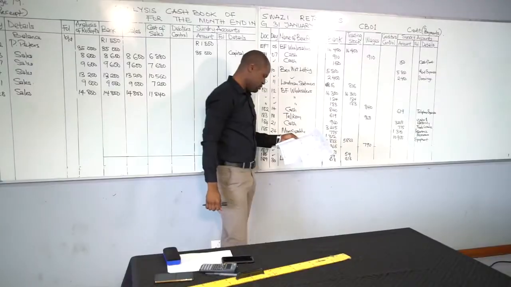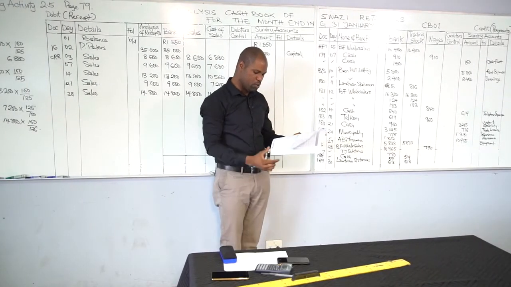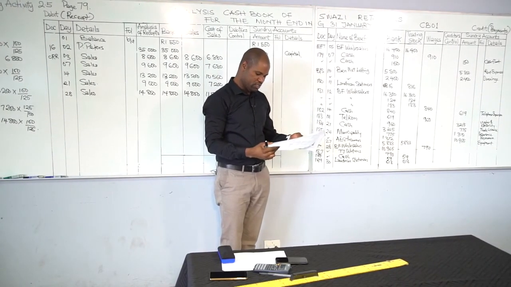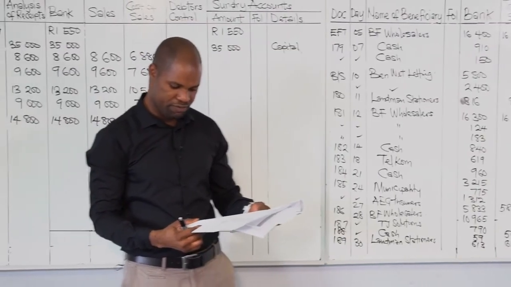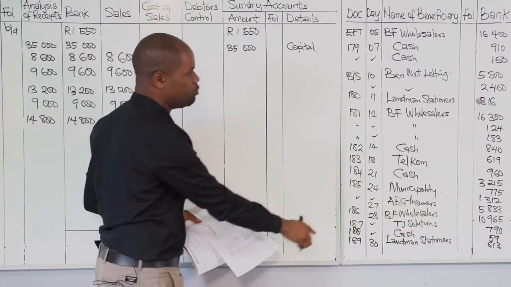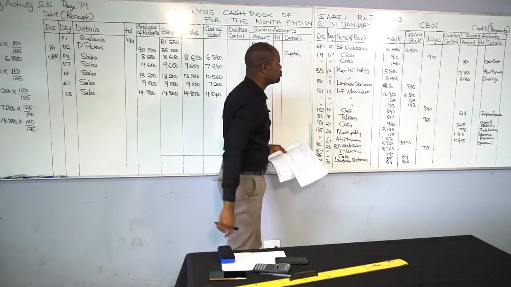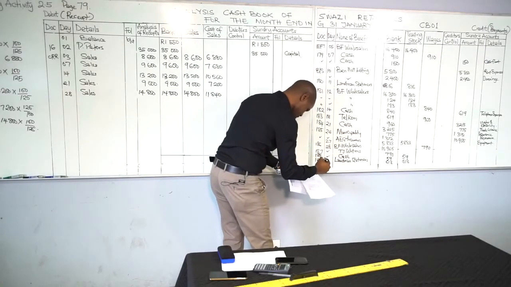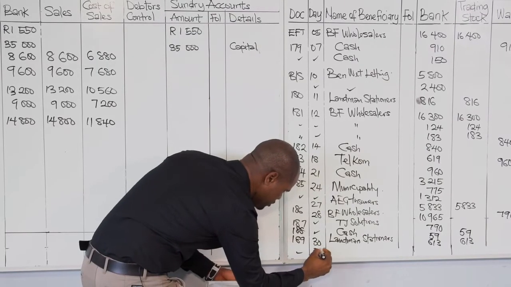Then the last transaction, he makes an electronic payment to a local senior citizen home as a donation. So I'm going to put the donation also here, but if you look at it, there is no column for donation. So the donation goes into the sundry account. The date is the 31st.